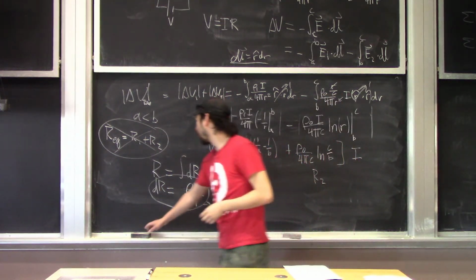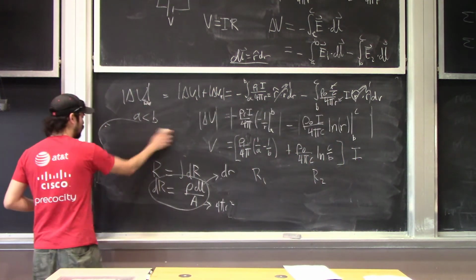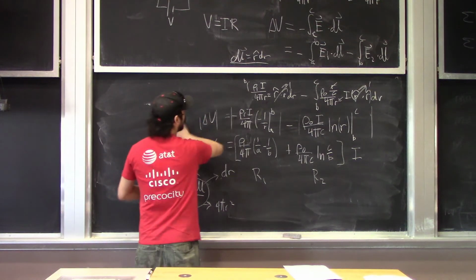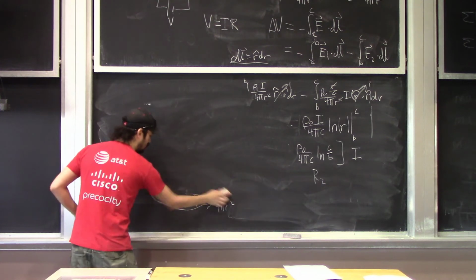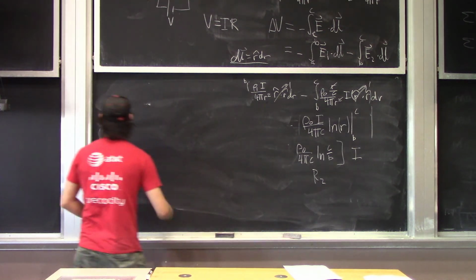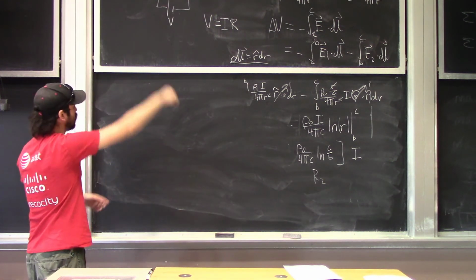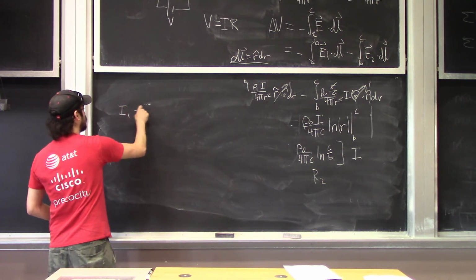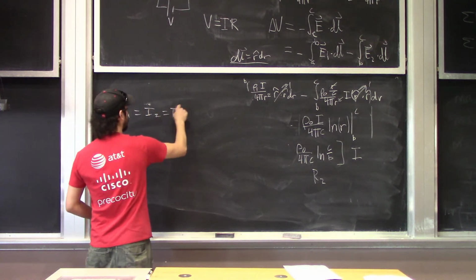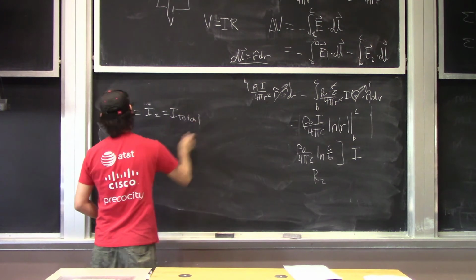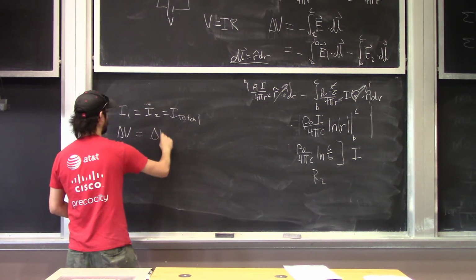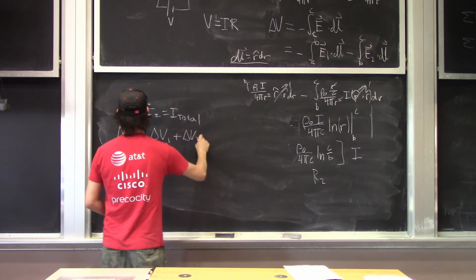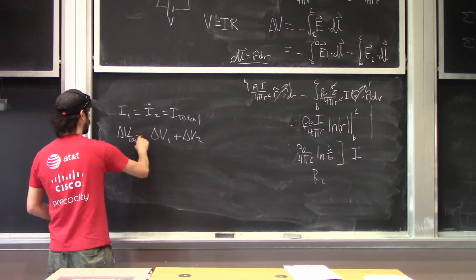And ultimately, what that comes down to, in order to get this equation where we said that REQ is equal to R1 plus R2, we said that the current is going to be the same in these, so I1 is equal to I2 is equal to I total, and the difference in electric potentials are going to add, so delta V1 plus delta V2 is equal to delta V total.